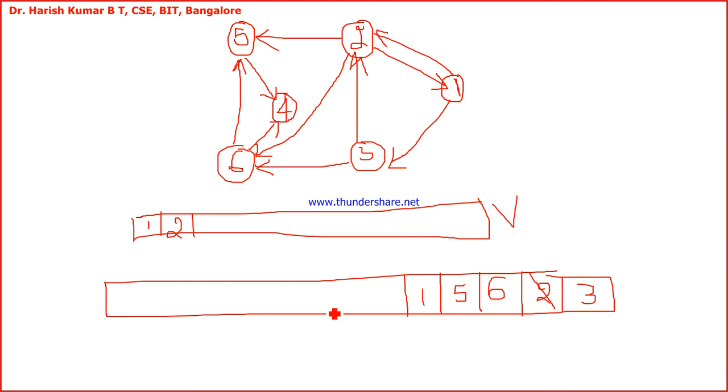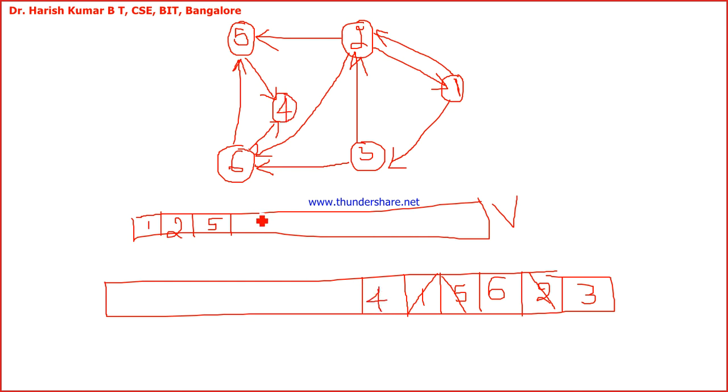Next node to visit is 1. Since 1 is already visited, I pop this. Next node to visit is 5. I visit 5. Now 5 is also popped, and now I go for finding the adjacent nodes of 5. Adjacent node of 5 is 4. So 4 gets pushed.